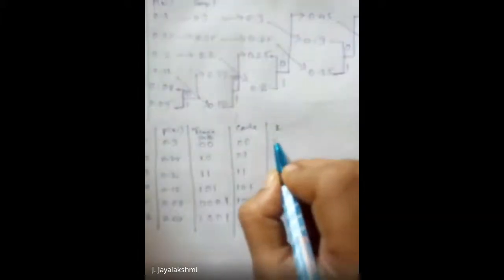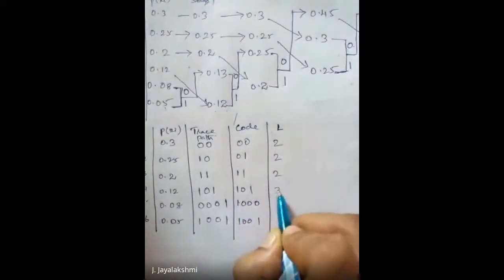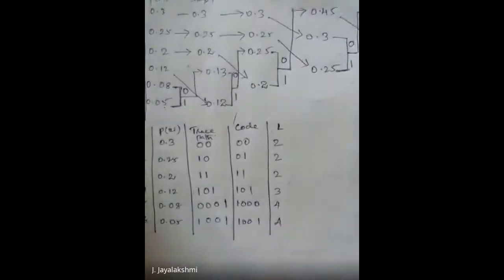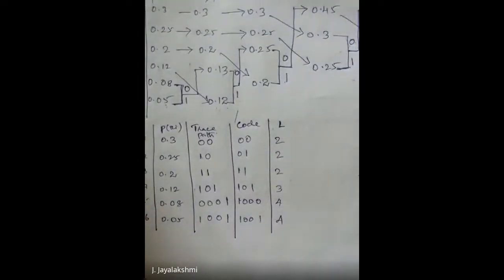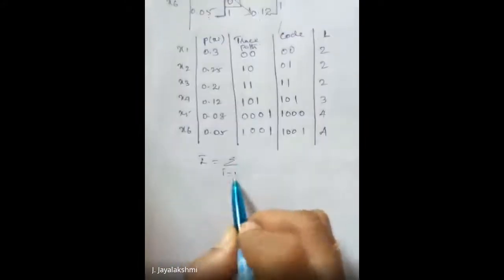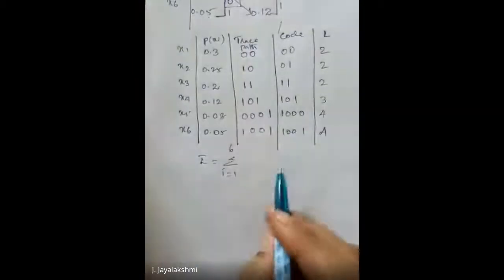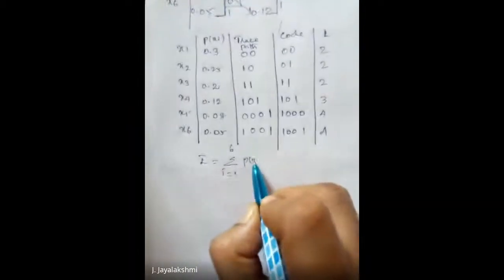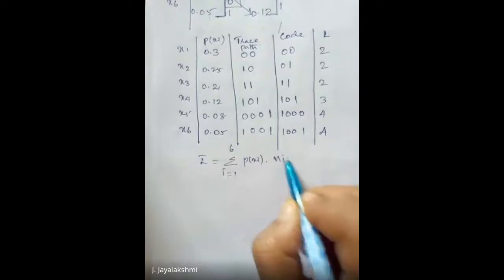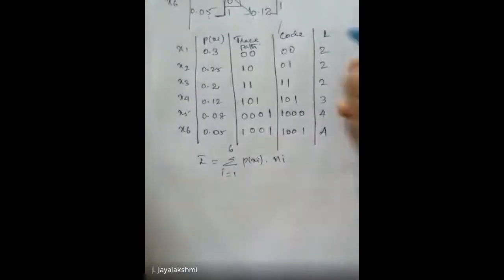Then, as usual, find L: 2, 2, 2, 3, 4, and 4. Just count the number of bits in the code being assigned. Then you can find what? Average value of L, that is summation of i equal to 1 to 6, probability of xi multiplied with this ni value, that is the number of bits.